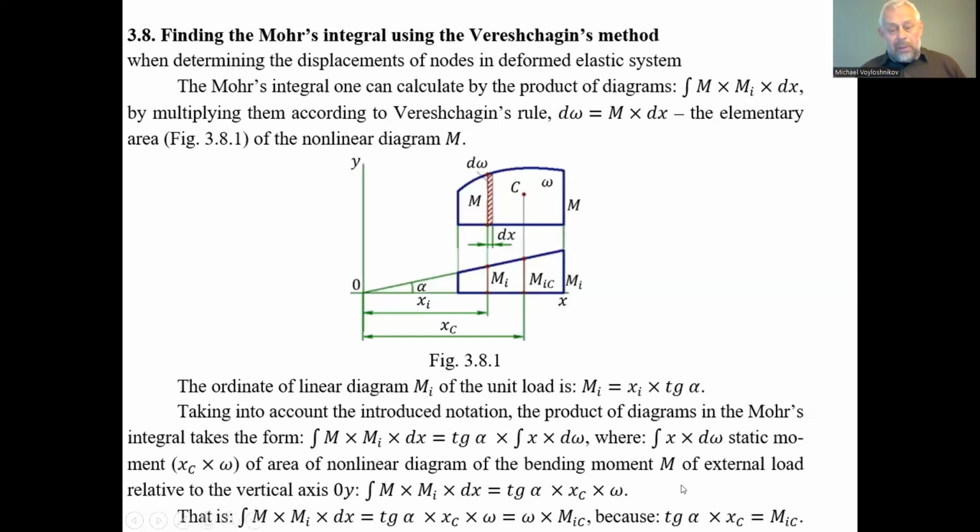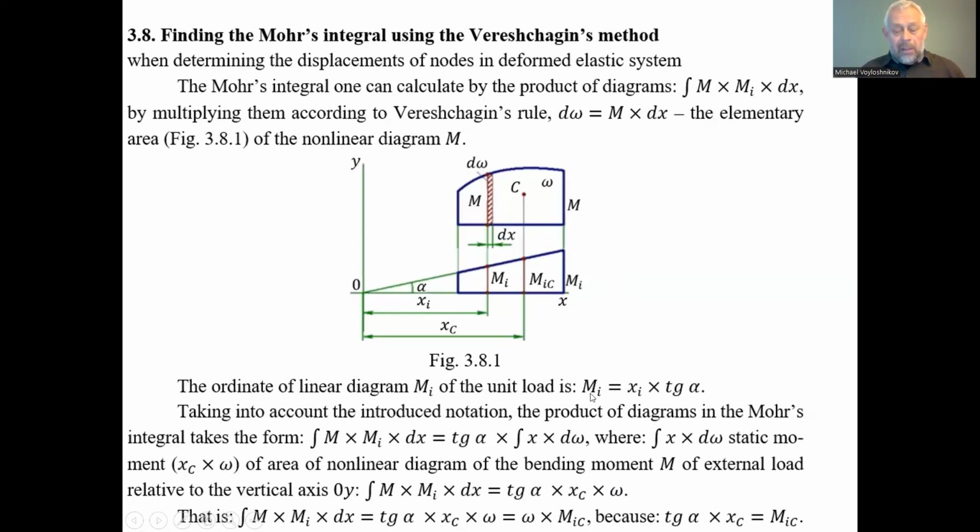That's why we have to consider that in the general approach we have the inclined side of this trapezoid diagram, which could be the diagram of the bending moments under the action of the unit forces.